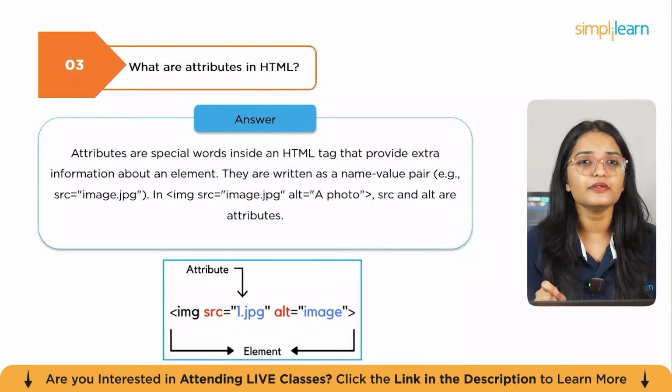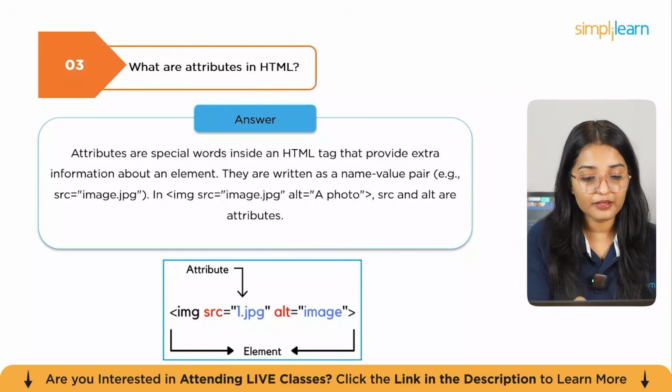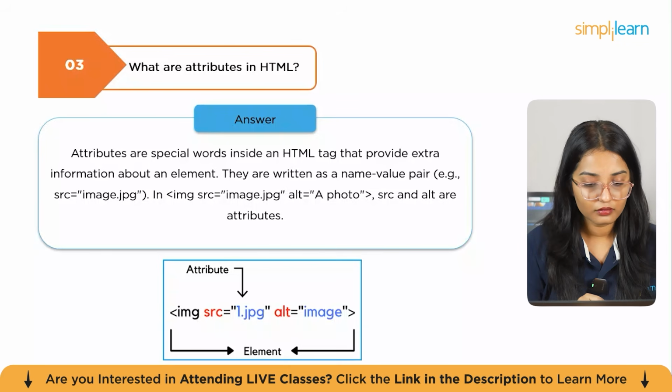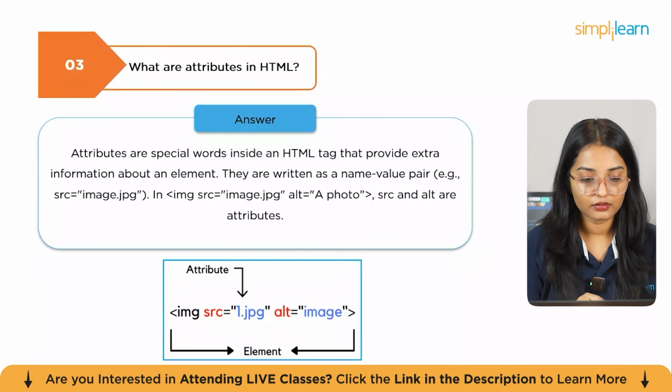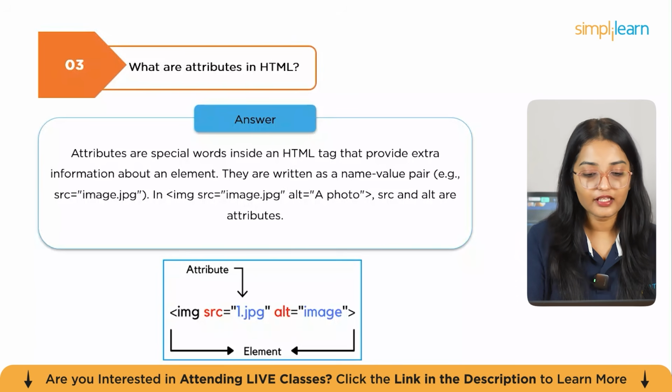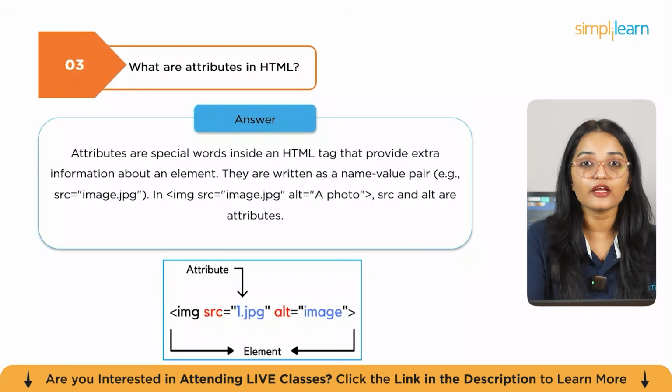Let's say, for example, in the image tag, we have image source, you can see from here. And then we have alt equals a photo.